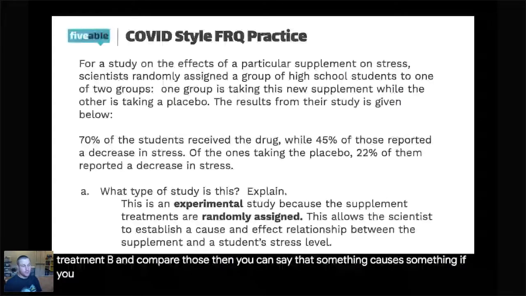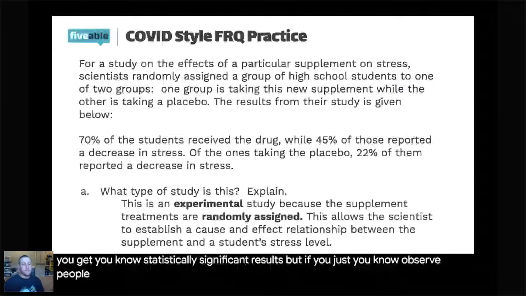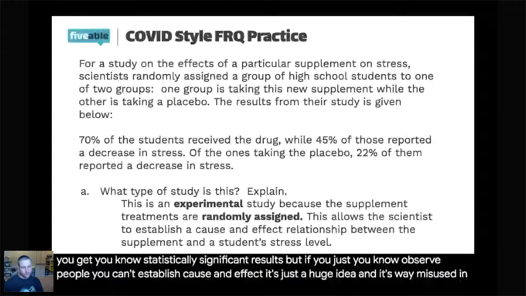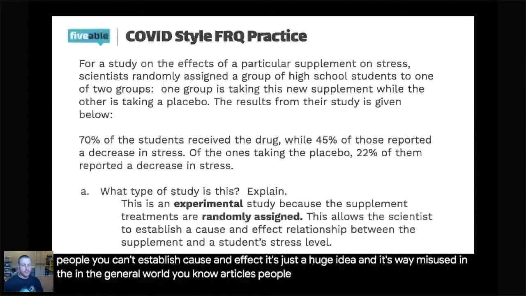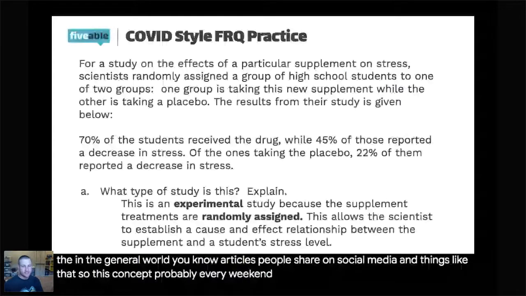But if you just observe people, you can't establish cause and effect. It's just a huge idea, and it's way misused in the general world. In terms of articles people share on social media and things like that. So this concept, probably every week that I'm doing streams, it's going to show up. Okay, just because I don't want you guys to miss that.